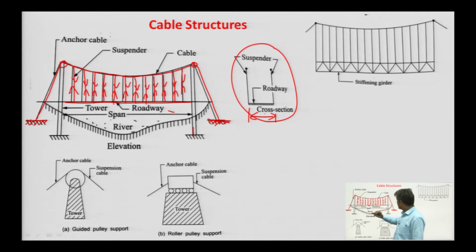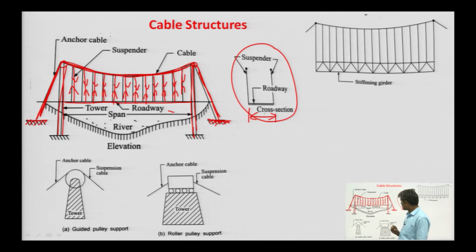So, different elements. This one cable is the anchor cable, on this side also by same name, anchor cable, and this one is the main cable. These are suspenders. Okay. These are the vertical members. These are the towers at the both ends.